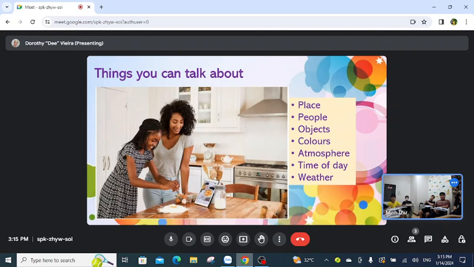Where is the sunlight? There is sunlight on the wall and on the counter, or there is sunlight on the girl's arms. Fong, again? Sunlight or sunshine. You can say sunlight or sunshine. Fong, say the sentence again, please.